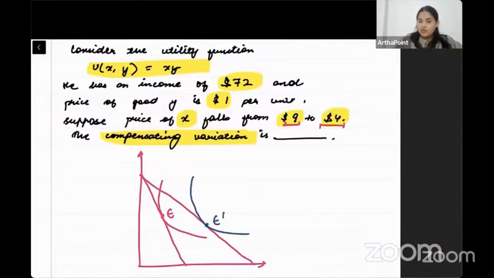Now, we are saying that if I go by the new price ratio and I want to hold my utility constant at the initial level, beta, I am at point E double dash.